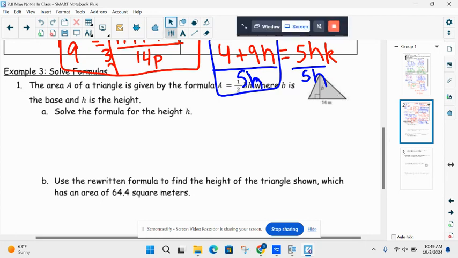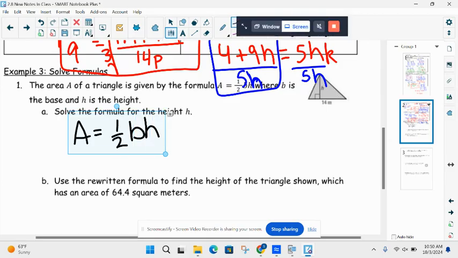So if you have A equals 1/2 bh, what would you move first? Half b. What about the half? Yes, so let's do the half first.